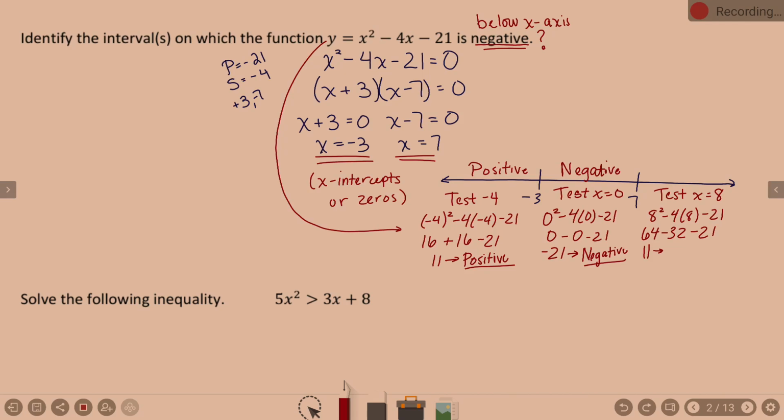And 11 again we know is positive. So this is a positive interval. What's my answer?